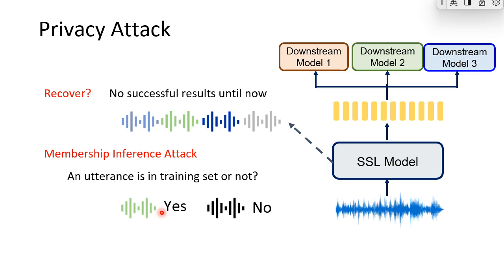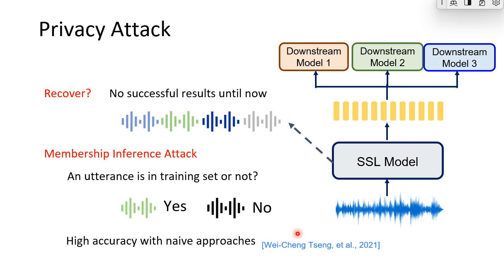And in the literature, this paper shows that membership inference attack is very easy. It is very easy to know whether an utterance is in the training set of a self-supervised model or not. You can check this paper to find how they do it.